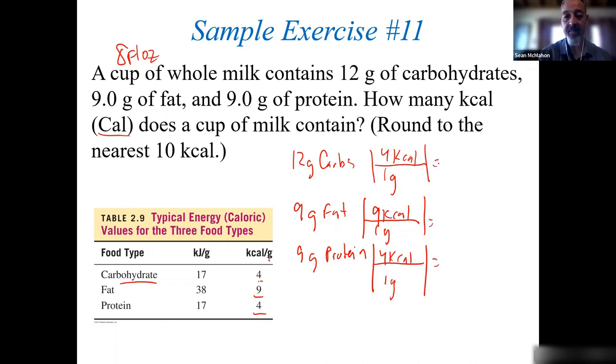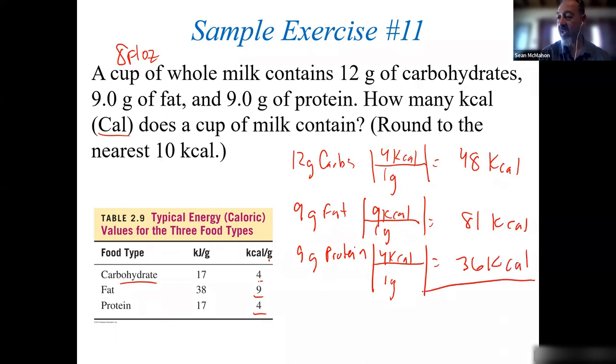So when I add this up, 12 times 4, 48 kilocalories. 9 times 9, 81 kilocalories. 9 times 4, 36 kilocalories.